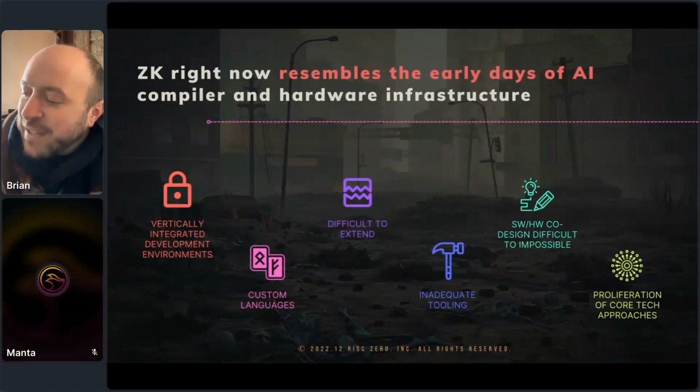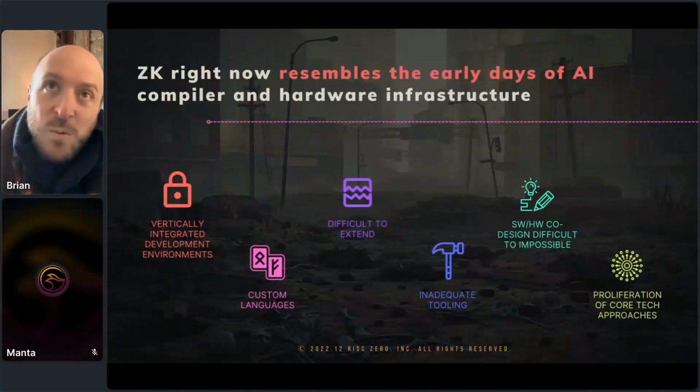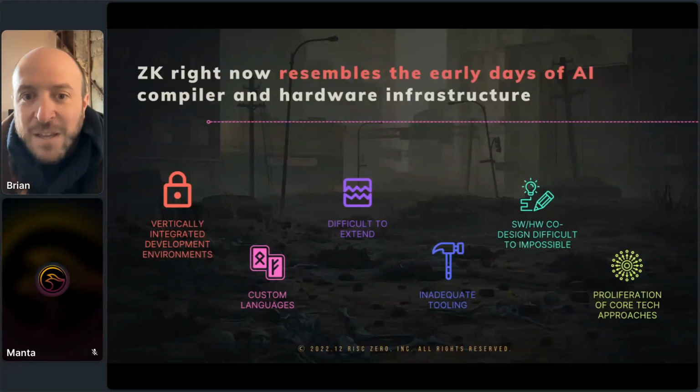If you're thinking about building custom hardware, it's difficult to create a tight feedback loop on how well your hardware is performing on a variety of problems. This process is called software-hardware co-design, which I'll talk a little bit more about in a bit. Very difficult. And then you have a proliferation of core technological approaches.